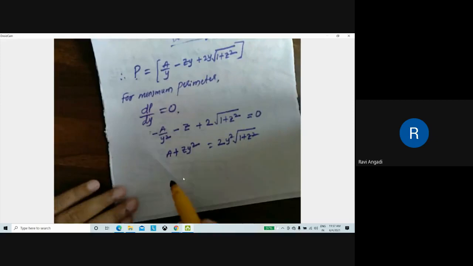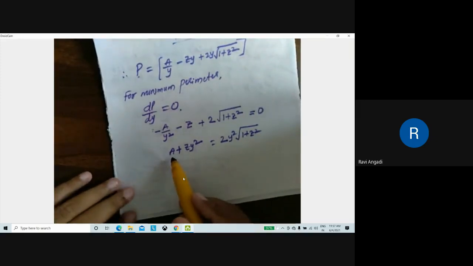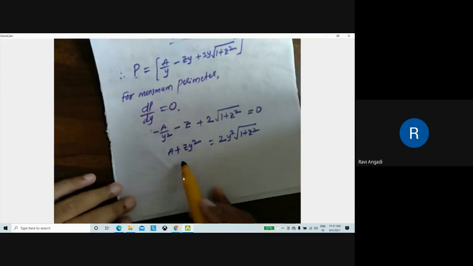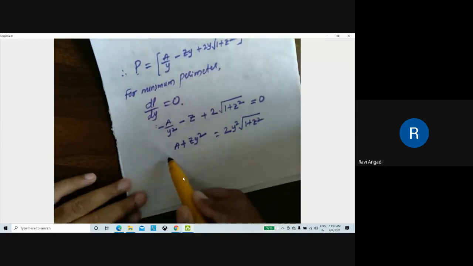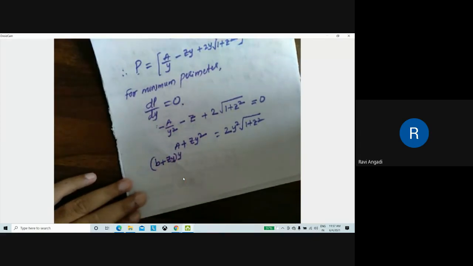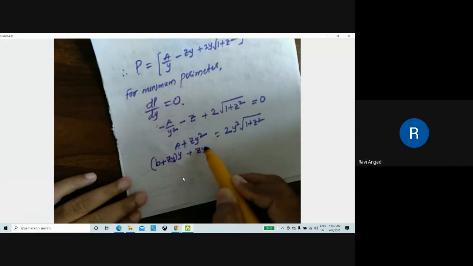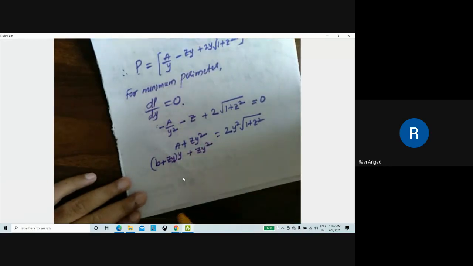Okay. Now, you have already calculated the area. So what is that area formula? Substitute the area: (b plus zy) into y, plus zy square, is equal to 2y square root of 1 plus z square.